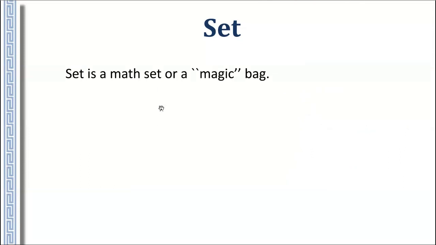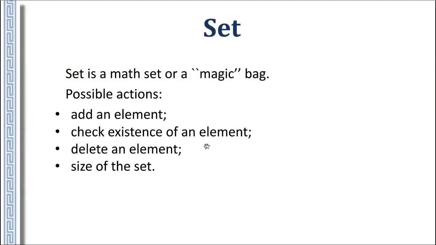what we are interested in when we consider a set. We're interested in 4 possible actions. First of them is adding an element, a ball, to the bag. Second, we check existence of an element in the set.